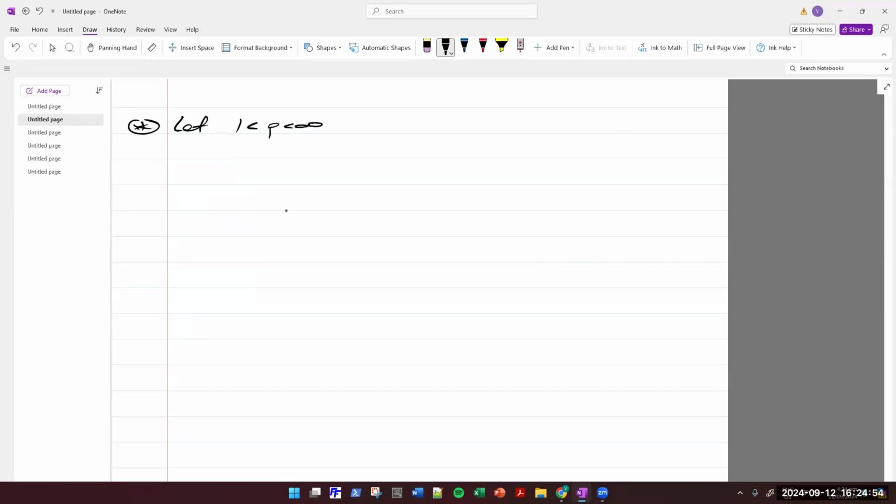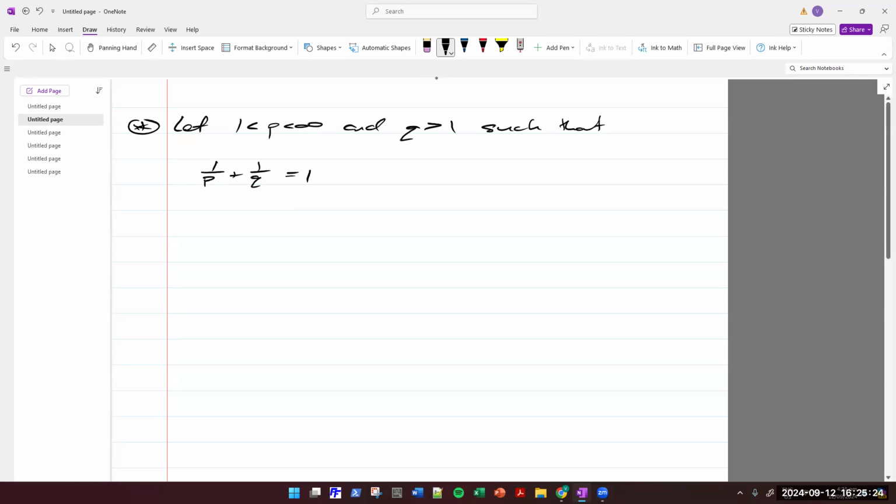So when p is strictly between 1 and infinity, we also have a second number, a q, and this q is bigger than 1 as well, such that the relationship between p and q is 1/p + 1/q = 1.